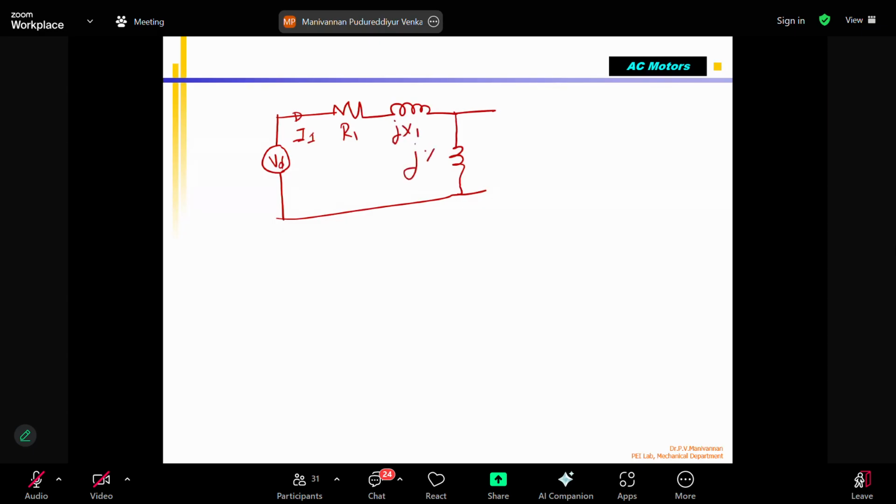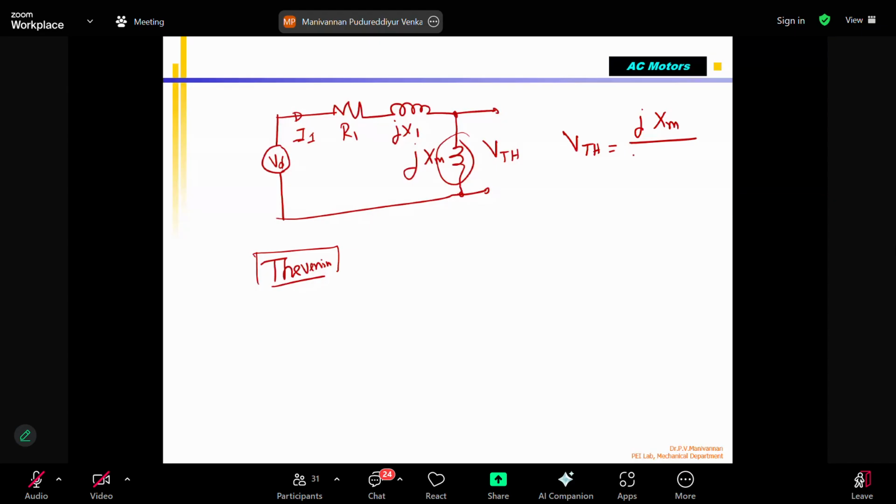This is jXM, the magnetizing impedance, and the voltage across this part we call V Thevenin. TH means Thevenin. Correct? Electrical students will know Thevenin, a scientist who found how to compute current and voltage flowing in an electrical circuit. So V Thevenin can be computed using jXM. Note down this formula. In the exam, you can expect a simple problem using this.